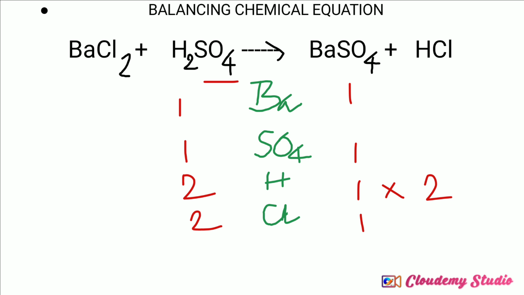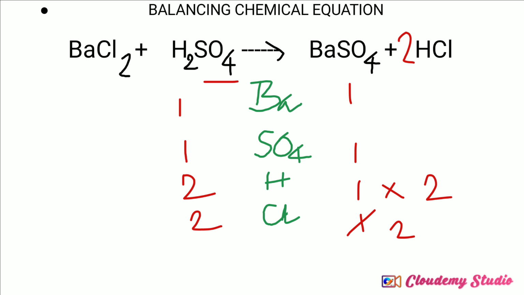This hydrogen is present in hydrochloric acid. Therefore, this hydrochloric acid needs to be multiplied by 2. So when we write this 2 as a coefficient for hydrochloric acid, this 2 belongs to both the hydrogen as well as chlorine atoms. Therefore, the number of chlorine atoms will change from 1 to 2 times.